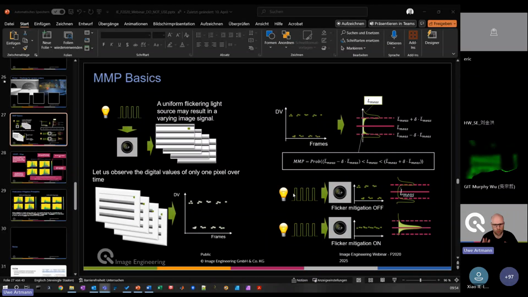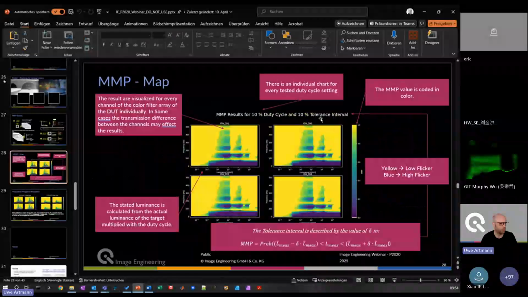The smaller we make the interval, the more challenging it is for the camera, so the earlier we see that the MMP drops. For example, in these results, this is the measurement for a 10% tolerance interval. So it tolerates a change of 10% in the values, but that's the interval that we defined.